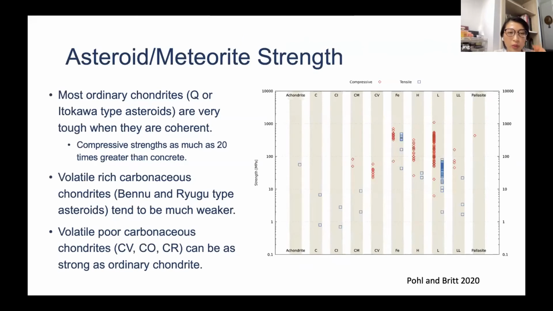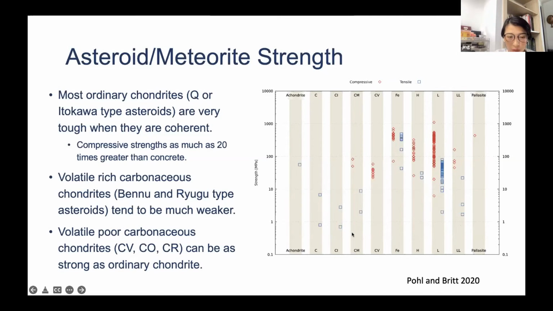Then we can have a look at the asteroid and meteorite strengths. This is a nice summary of the strength measurements of meteorites. Most ordinary chondrites, like Itokawa-type asteroids, are very tough, here the H, L, LL, up to 100 to 1000.